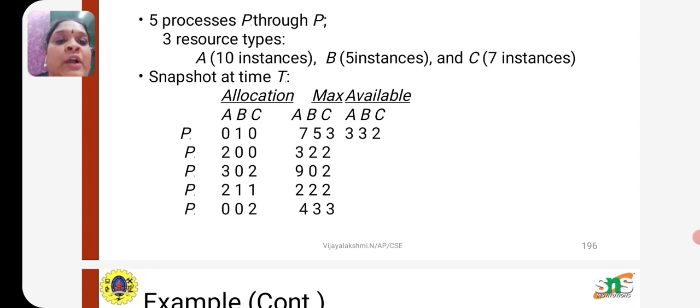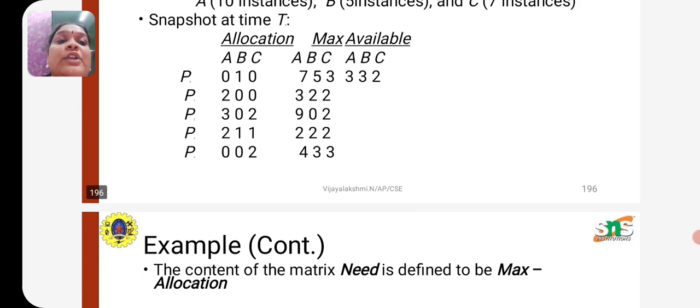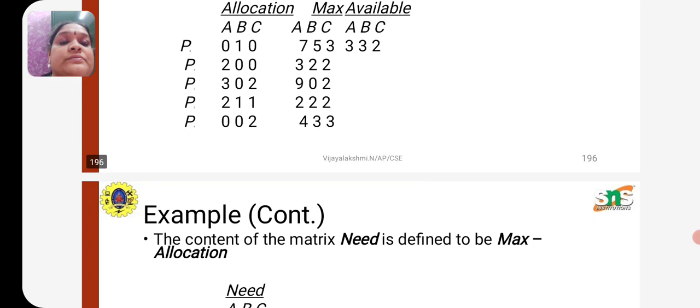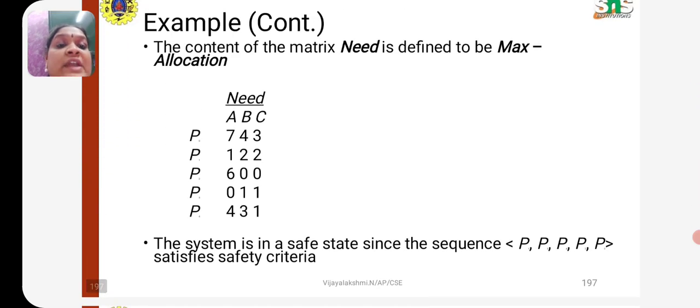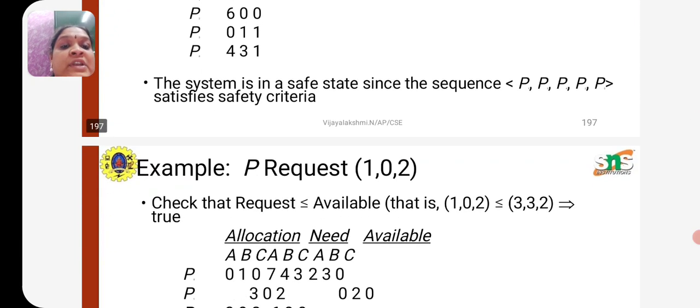We have 5 processes, P0, P1, P2, P3 and P4, and the allocation for A, B, C is 010, 200, 302, 211, 002. And we need to find the Need. Need is equal to Maximum minus Allocation. So here is how we can find the Need, as they have given here.